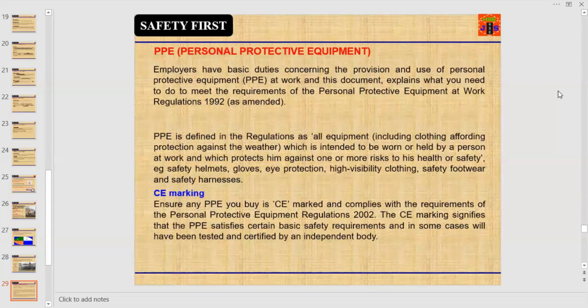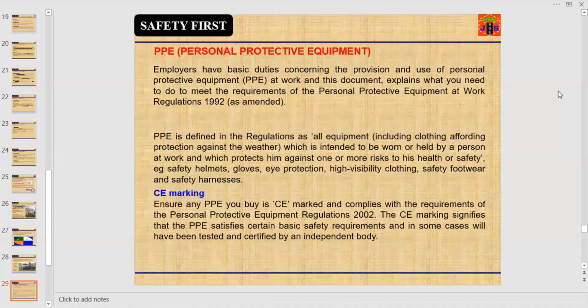Employers have basic duties concerning the provision and use of personal protective equipment at work, and this document explains what you need to do to meet the requirements of the Personal Protective Equipment at Work Regulations 1992.